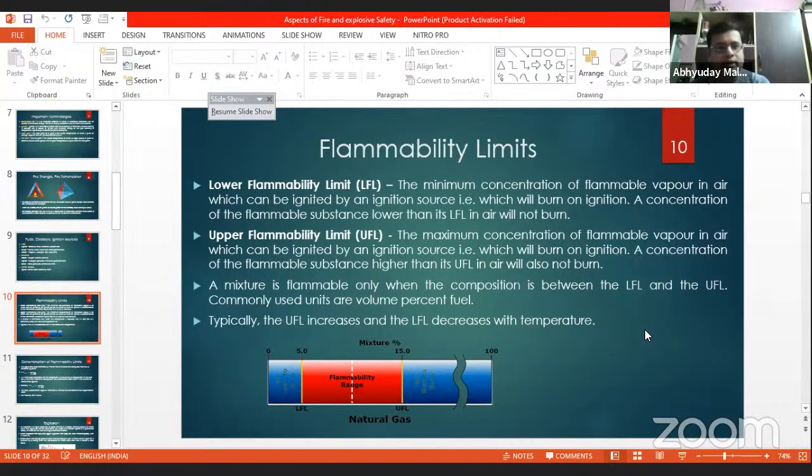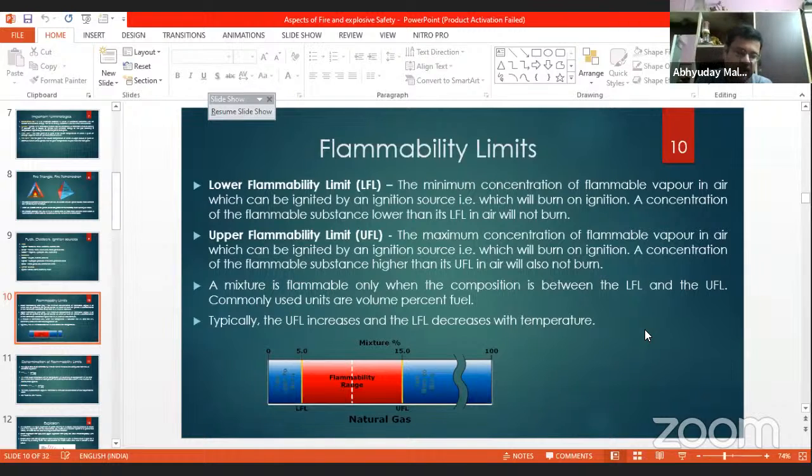Too much fuel in air or oxygen will not catch fire. Too little fuel, again, will not catch fire in spite of the presence of an ignition source. There is an upper limit and there is a lower limit of the percentage of fuel in air or oxygen which can catch fire. These are called the upper flammability limit and the lower flammability limit.